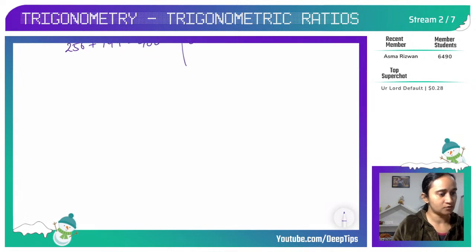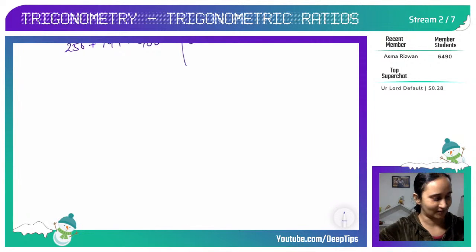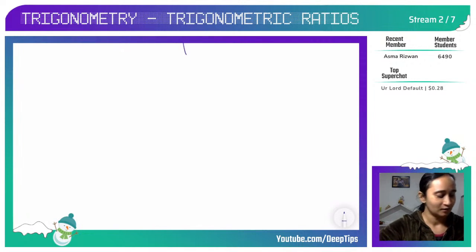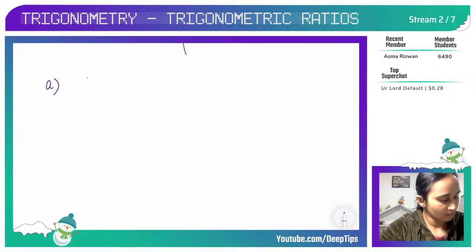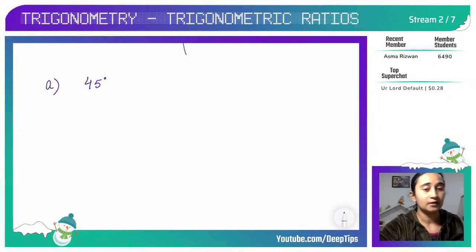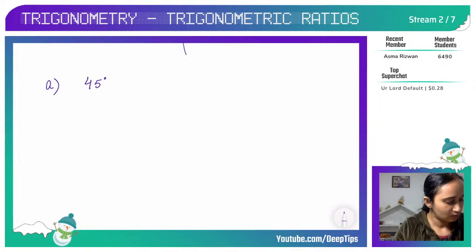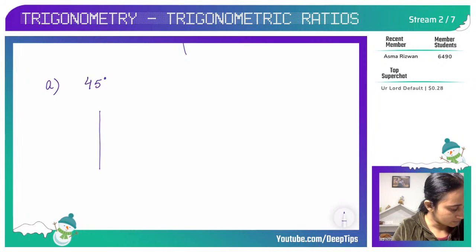First trigonometric ratio that I'm going to do is 45 degree. It is the simplest one to understand. So how the value of sine, cos, tan, secant, cosecant and cotangent changes with this 45 degree. Okay, so let's draw a right angle triangle.